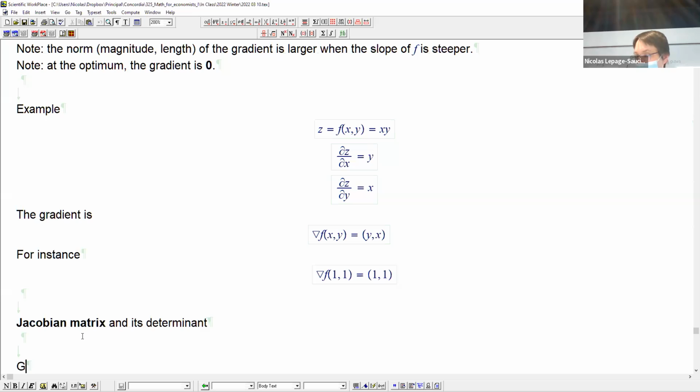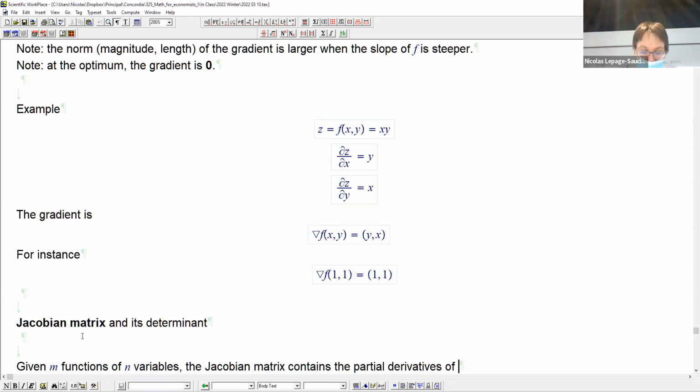Okay, given m functions of n variables, the Jacobian matrix contains the partial derivative of each function with respect to each variable.